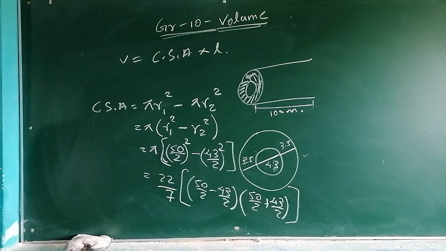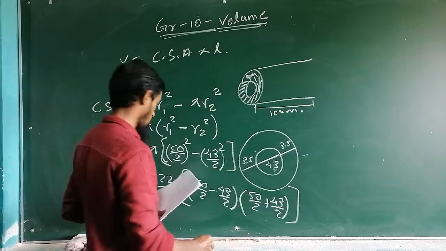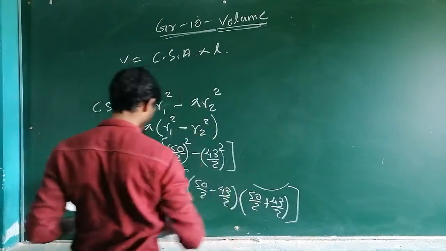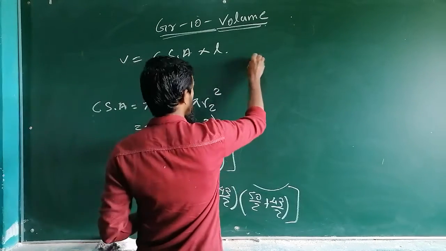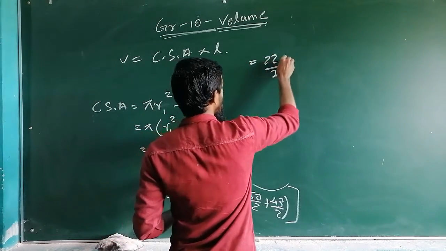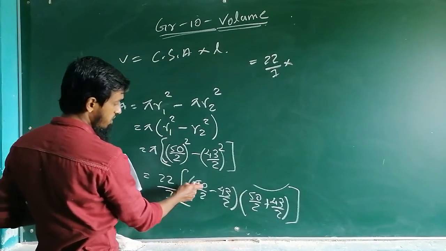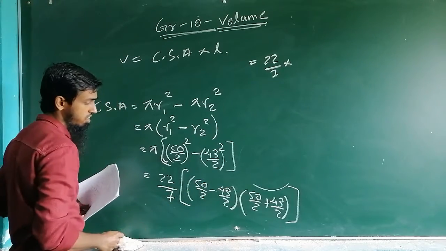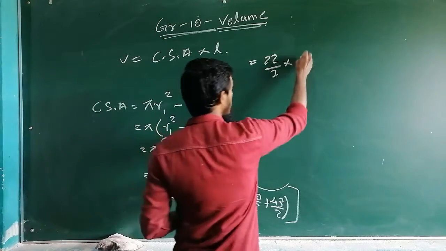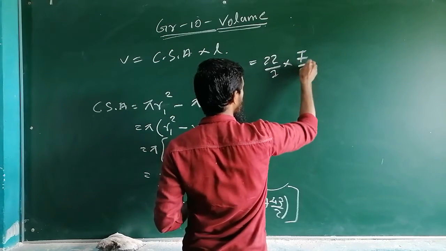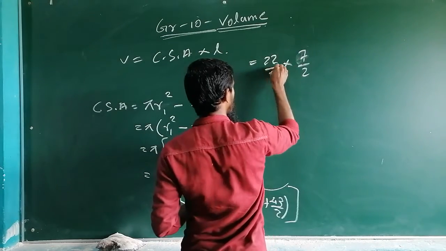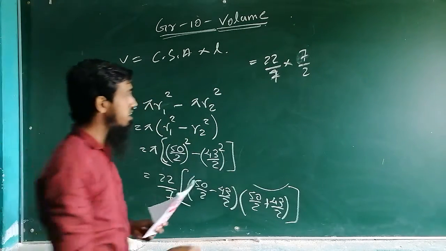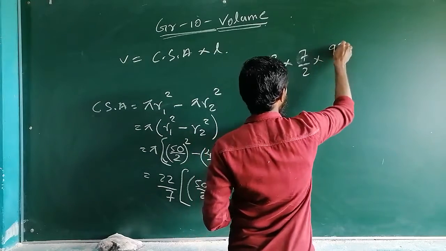Next, 22 over 7 into 50 over 2 minus 43 over 2, the denominators are the same. So 50 minus 43 is 7, so 7 over 2. Then 50 plus 43, that is 93 over 2.